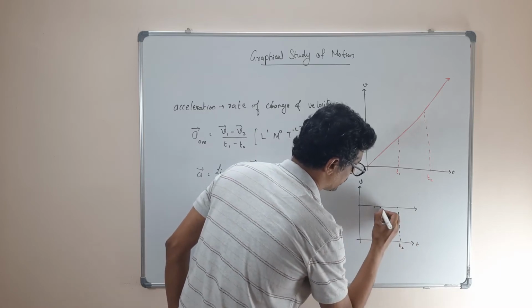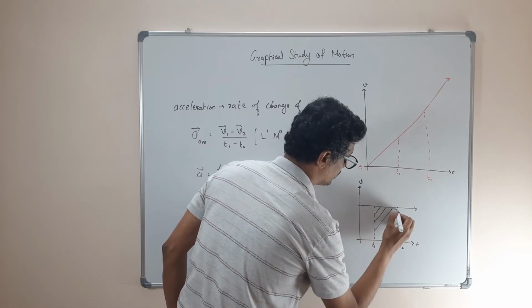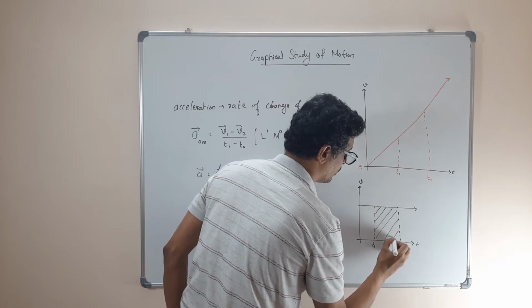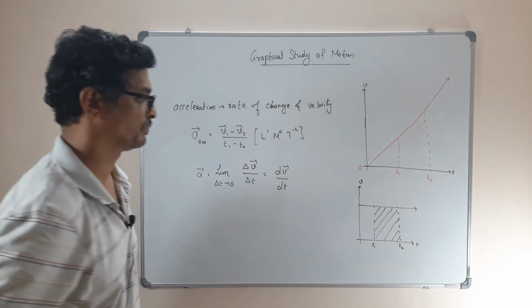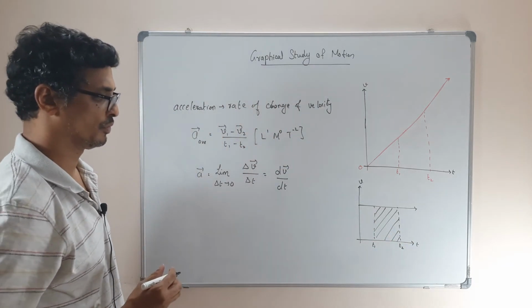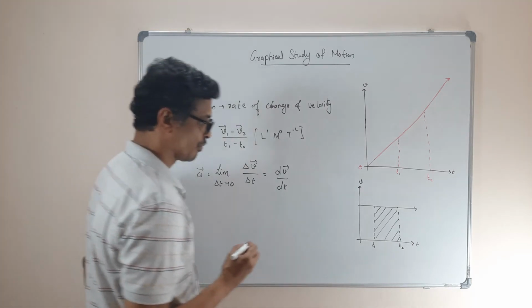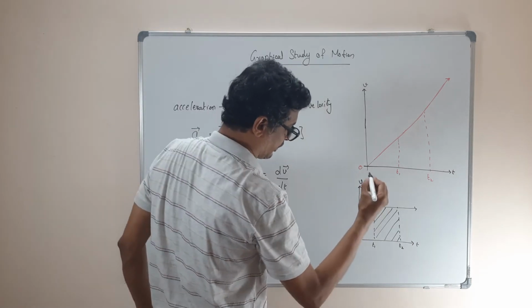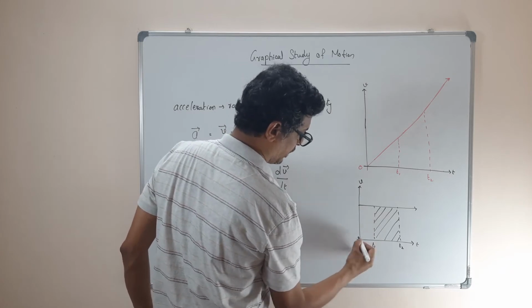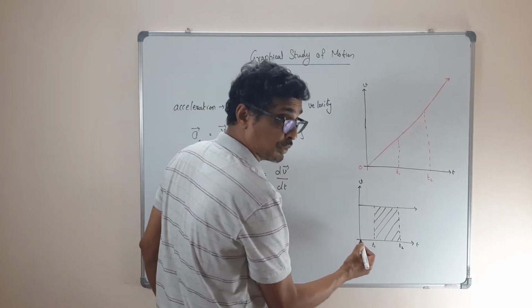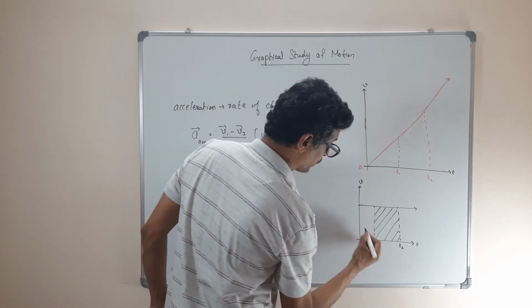Can you tell me what is the area? It is T2 minus T1 multiplied by the height. This is 0, so in the case of velocities you always start with 0.